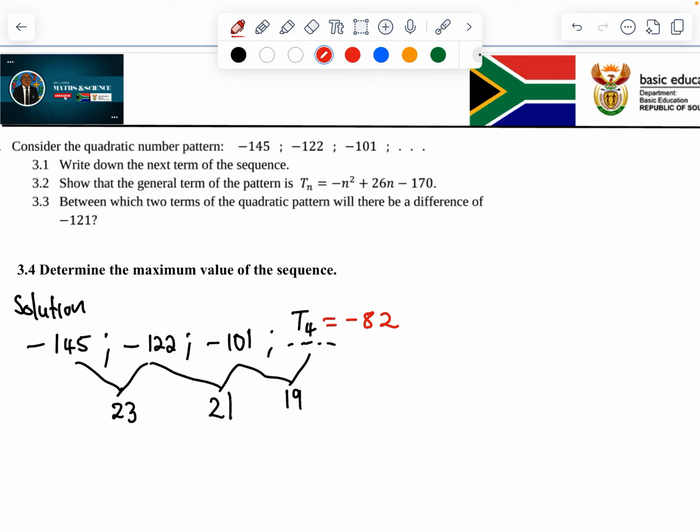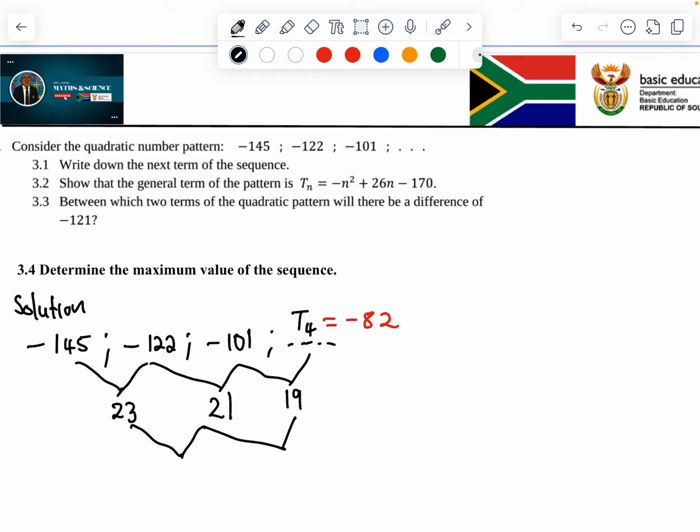So now that we are done with 3.1, we're going to go to 3.2. In 3.2, they're saying, show that the general term of the pattern is Tn equal to -n squared plus 26n minus 170. For us to get the general term, we need the second constant difference.